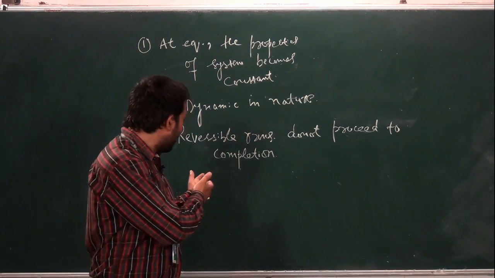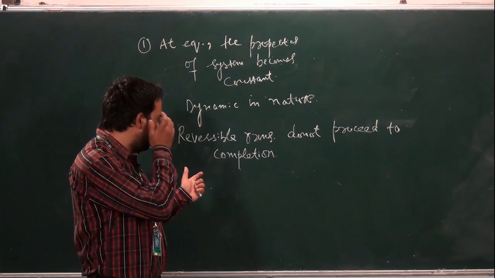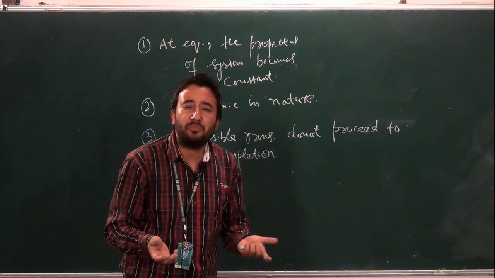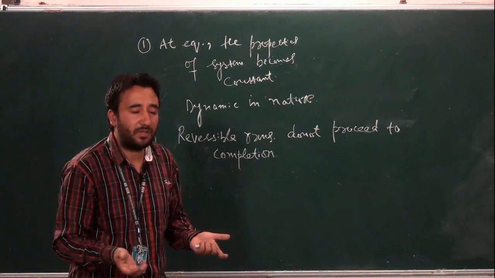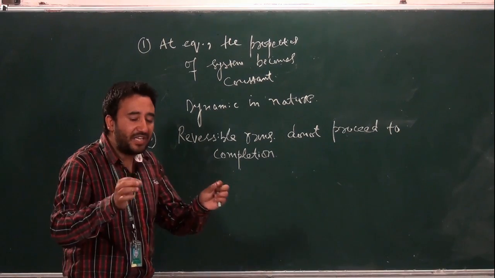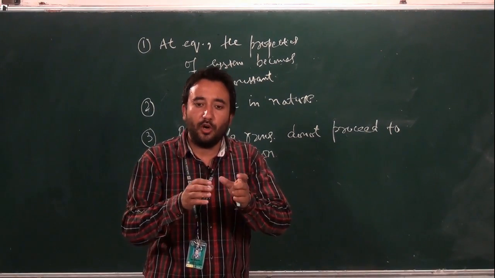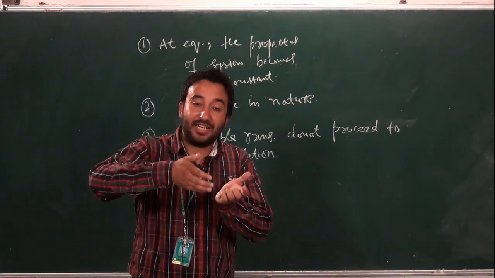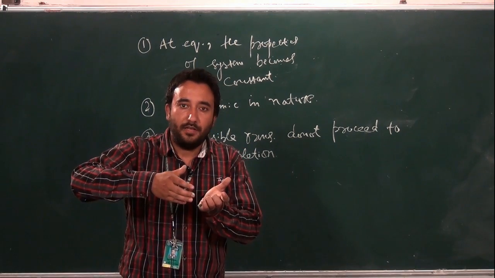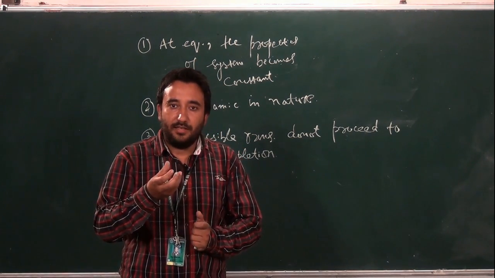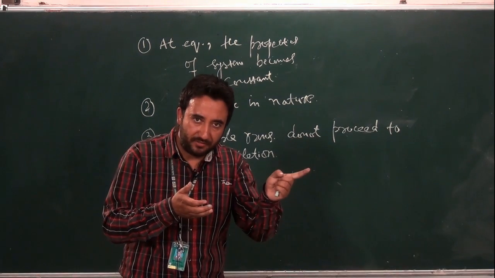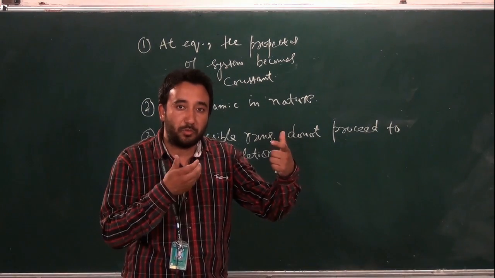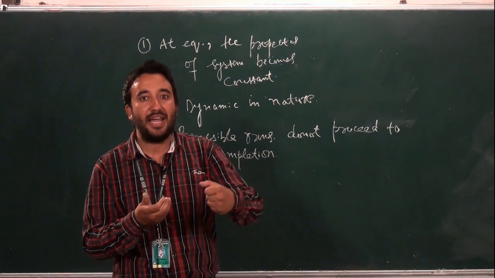So in these reversible reactions where chemical equilibrium is established, they don't proceed to completion. This is because at equilibrium the concentrations of all the components remain the same, since the rate at which the reactants are consumed in one direction is equal to the rate at which the product is consumed to generate the reactant back.